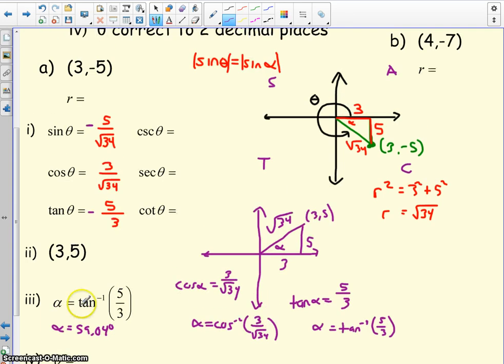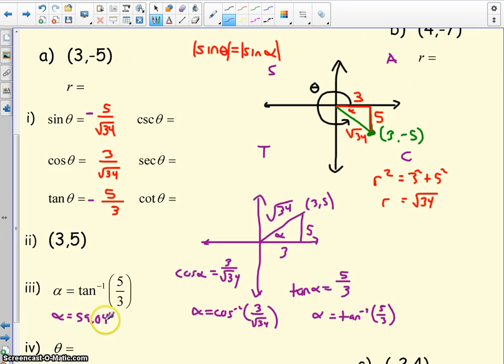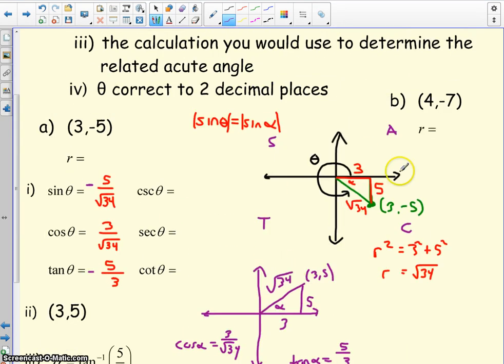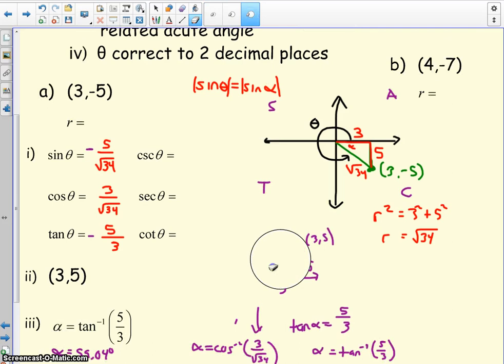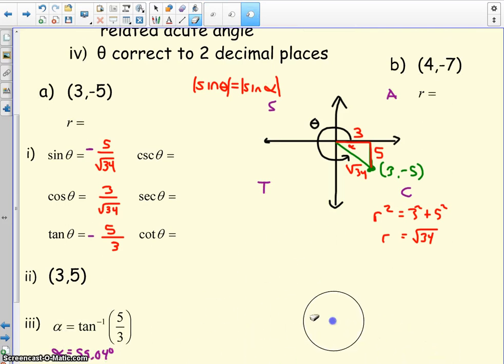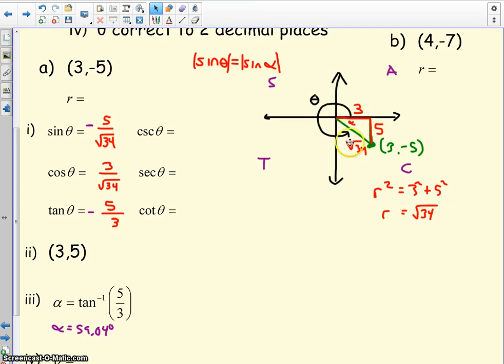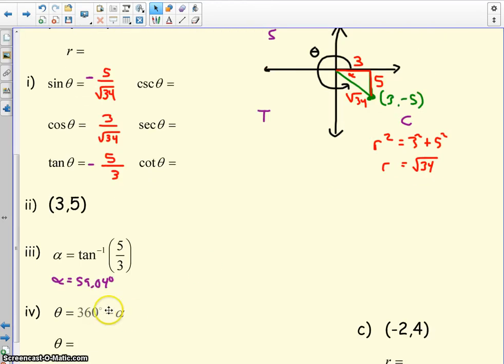Okay, and the reason it's helpful for us to find alpha is that now we can actually find theta. If we look at theta in our original diagram up here, let's get this other one out of the way, it's just causing extra clutter. Theta is in quadrant 4. We have our alpha, so we know that theta will be equal to 360 degrees of full rotation minus alpha.